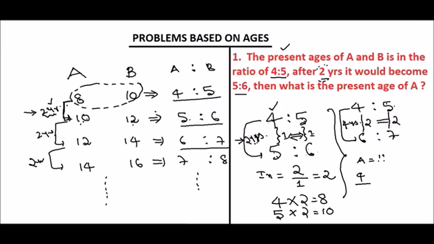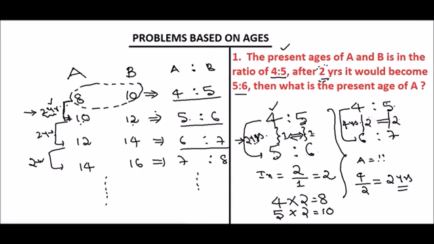The gap is the same. For that reason, it should be 4 by 2. Now the interval will become 2 years. Now got the clarity, right? This is the gap divided by this. Again, I'm reiterating: here, the gap should be the same. This is 2, this is 2. Only then does this shortcut work.